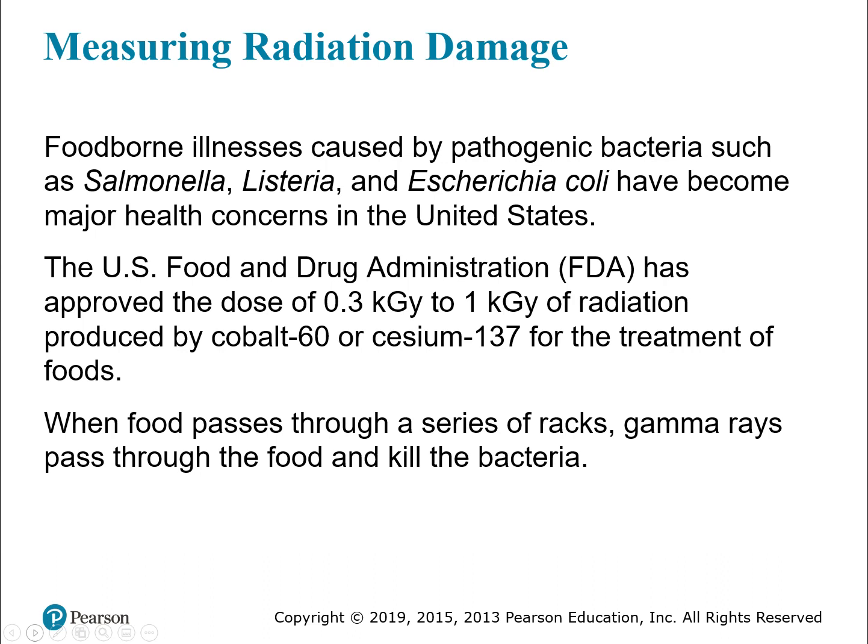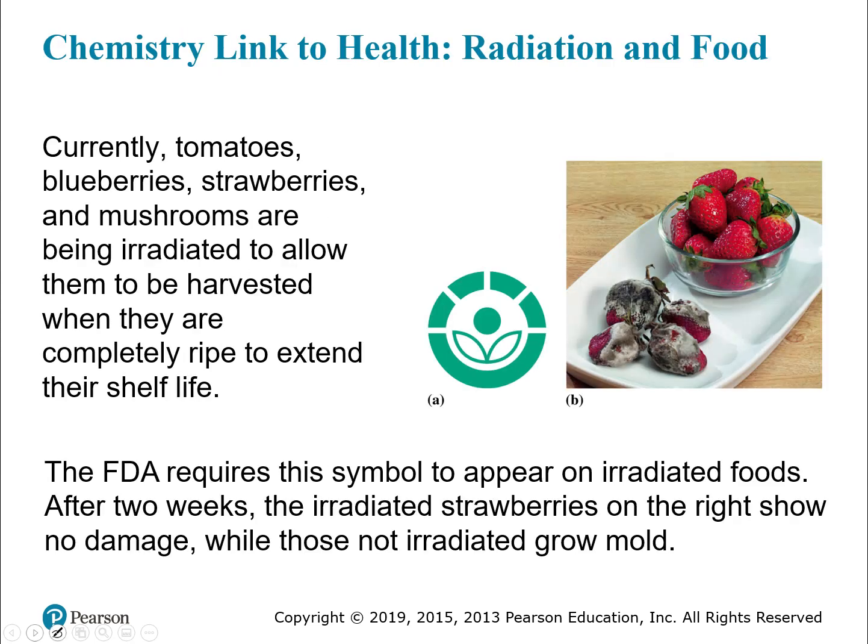So radiation is used in a lot of areas that you would not think it would be used. Right now, tomatoes, blueberries, strawberries, and mushrooms are allowed to be irradiated when they're harvested so that they can actually be on your shelf for more than a day or two.